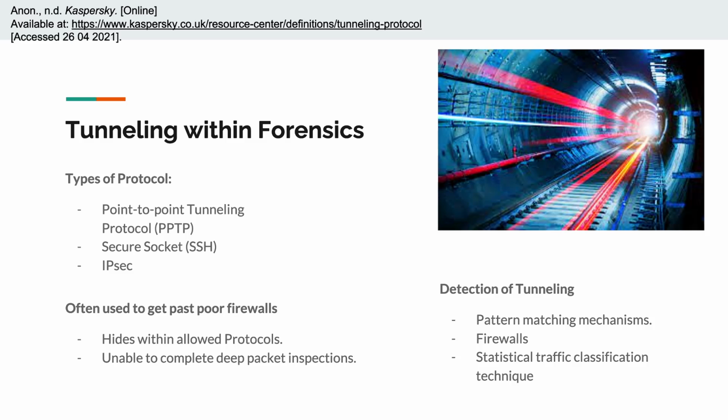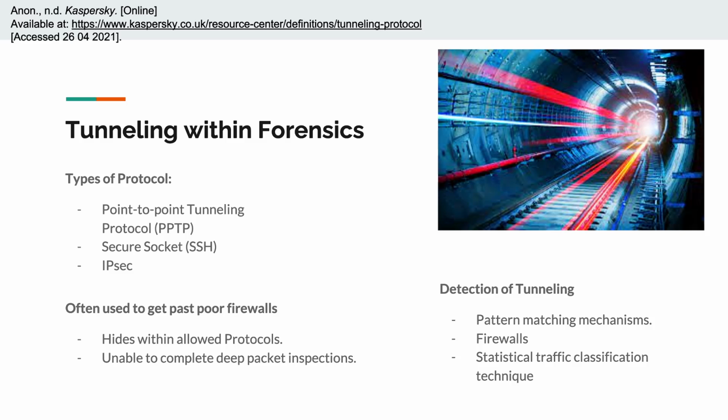There are 3 common types of protocol that are used, which are point-to-point tunneling protocol, secure socket, and IPsec. Criminals will use these protocols as they can hide complete packets, so there is potential for misuse of them. Tunneling's also often used to get past poorly configured firewalls by enclosing blocked protocols within the protocols that the firewall allows through.